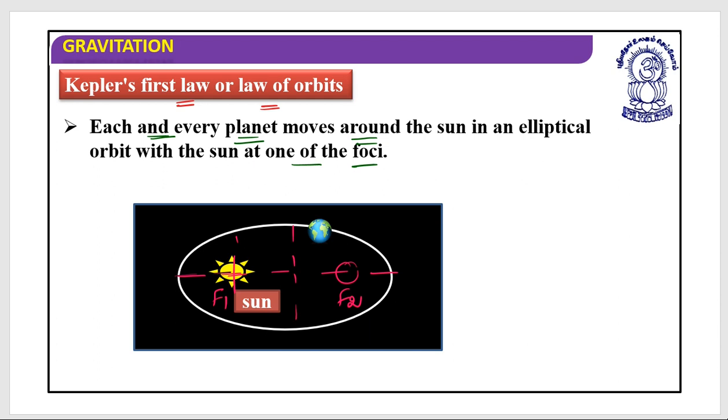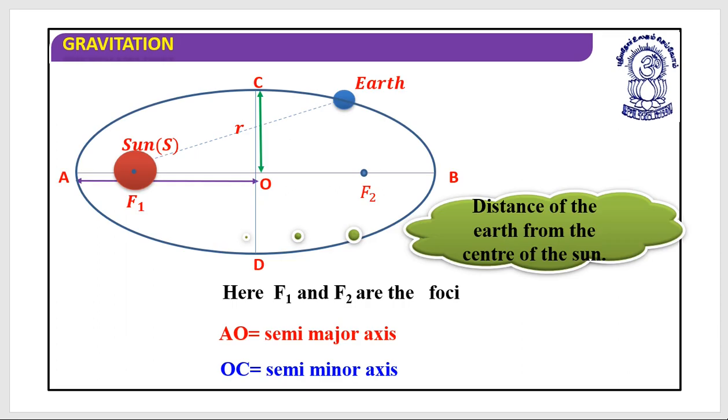The sun is at one of the foci, and each and every planet revolves around the sun in an elliptical orbit. I hope this is clear. Look at this, maybe it's clearer. This is focus 1, and this is the earth. This is focus 2.